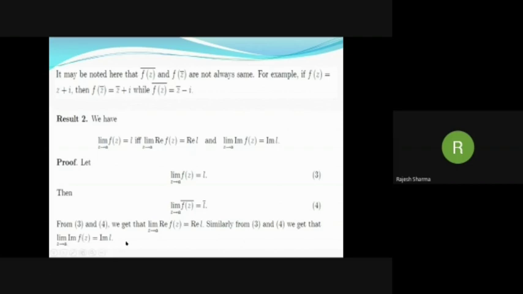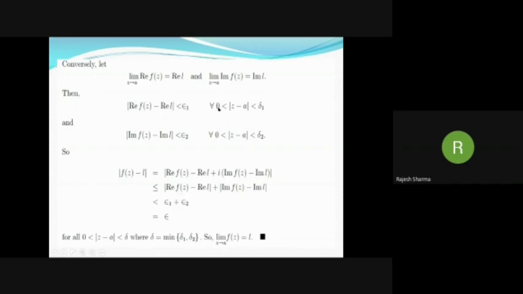Similarly, on subtracting, we find that limit z goes to a imaginary part of f(z) is the imaginary part of L. Now conversely, let limit z goes to a real part of f(z) is equal to the real part of L, and limit z goes to a imaginary part of f(z) is equal to the imaginary part of L. Now from the first, for every epsilon 1 greater than 0, we can find a delta 1 such that the modulus of the real part of f(z) minus the real part of L is less than epsilon 1.